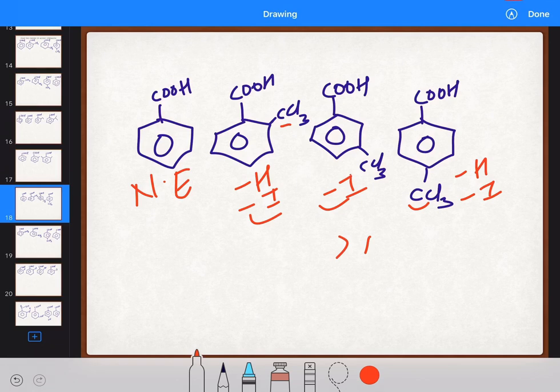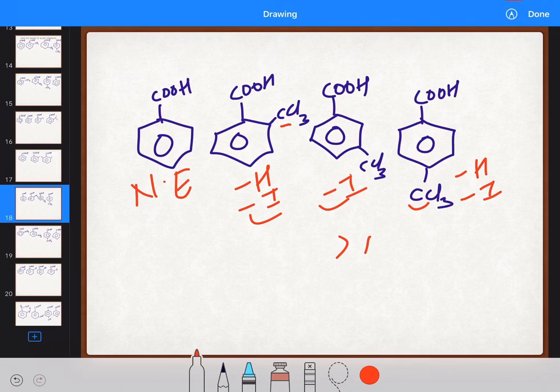Now apply minus H on the second and fourth. Minus H is dominating. Correct? Since minus H is increasing the strength, it will increase more, because minus H is dominating, where minus I is not dominating.